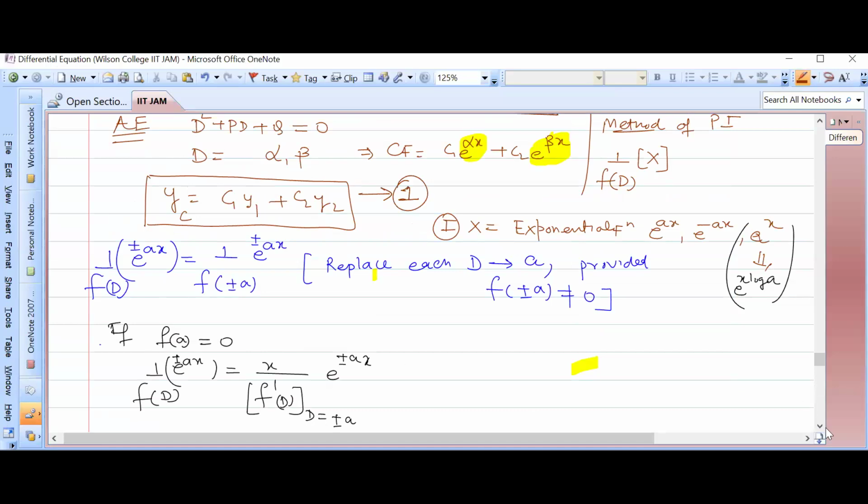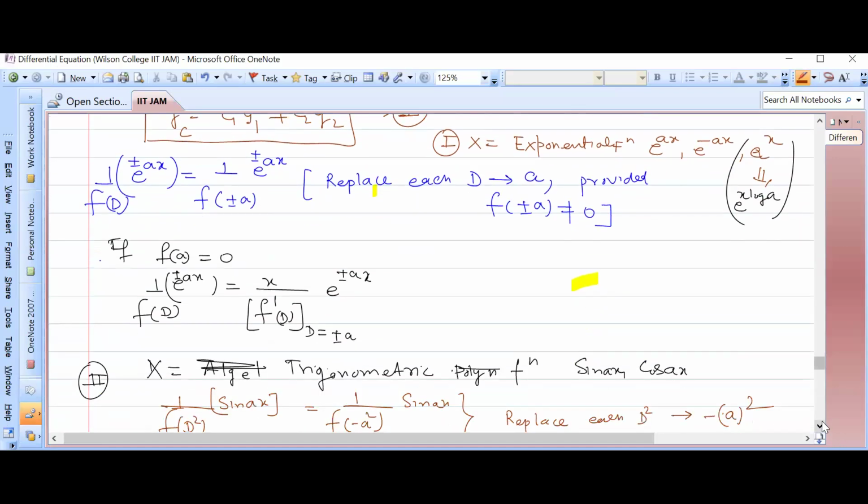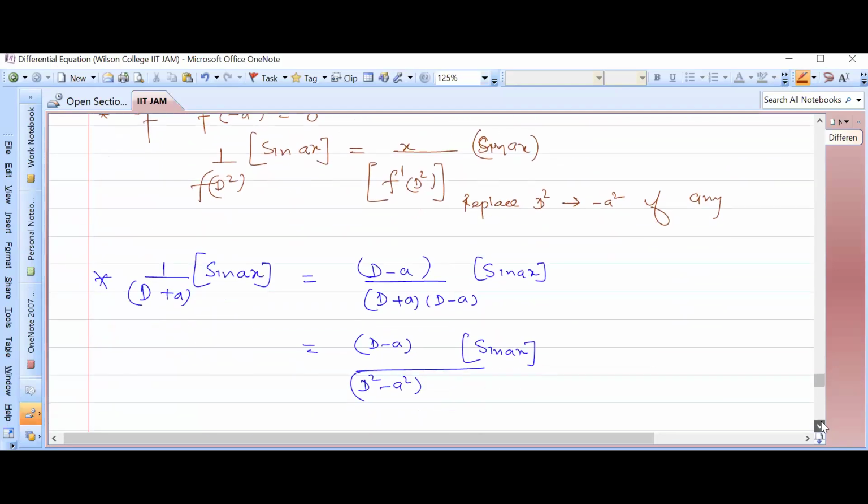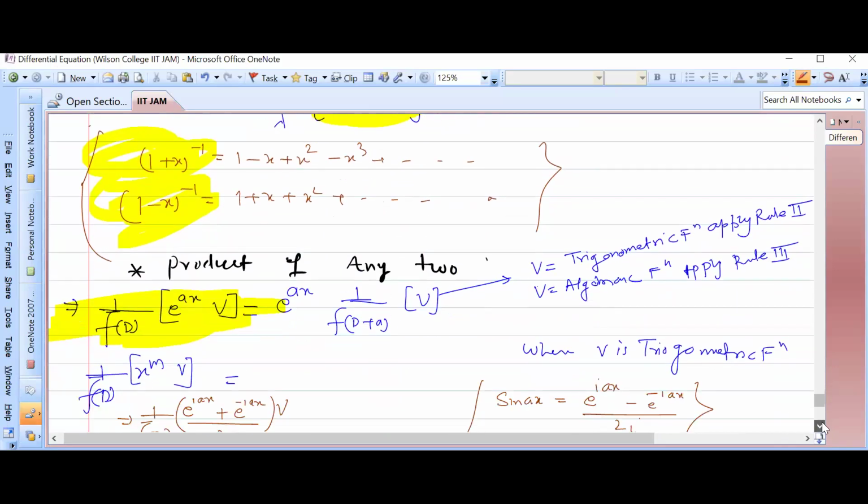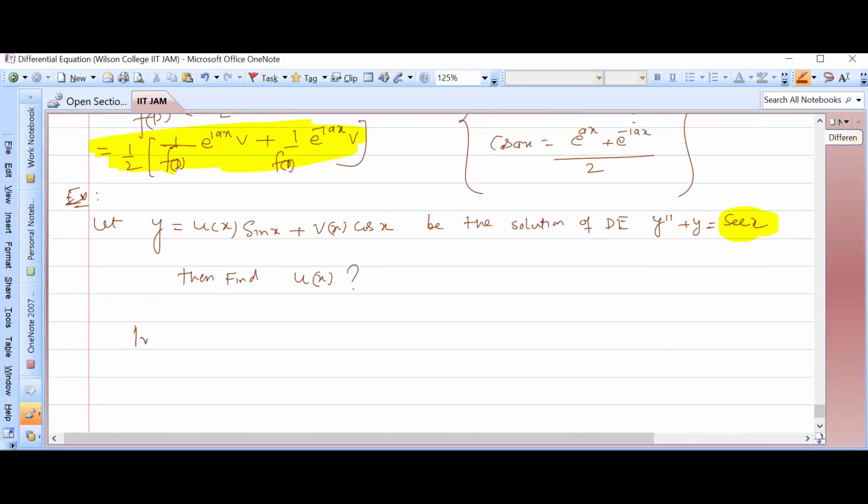Now, if the right hand side is of this form, then in the method of variation of parameters, the particular integral PI is given by u y1 plus v y2.